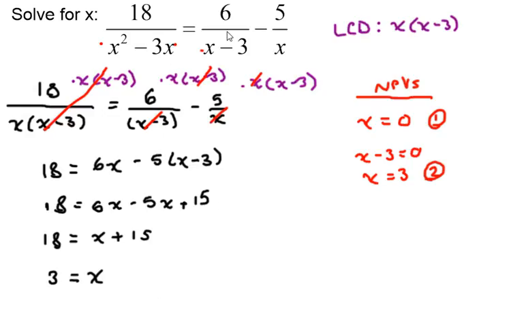So while I was able to solve this and find a value for x, the value ends up being what we call an extraneous root. Because it wouldn't make sense to put 3 back in at the beginning. So we were able to find a solution, but it's not one we'd be able to use.